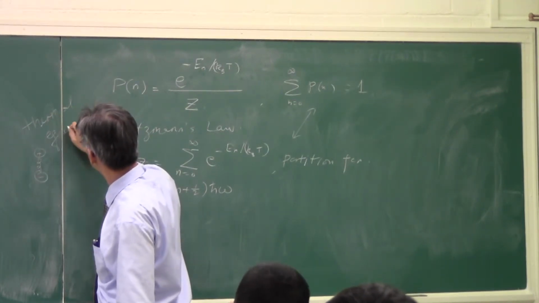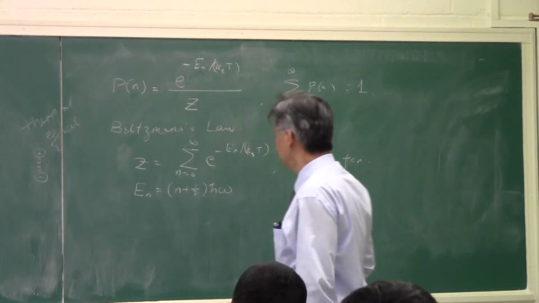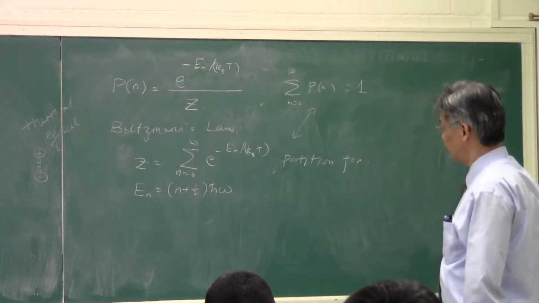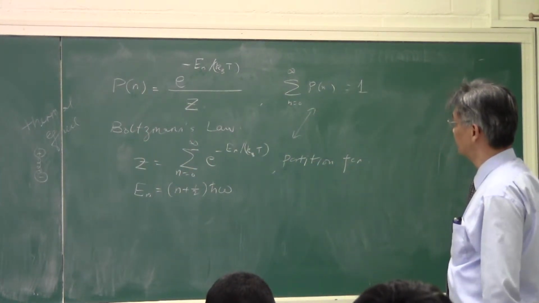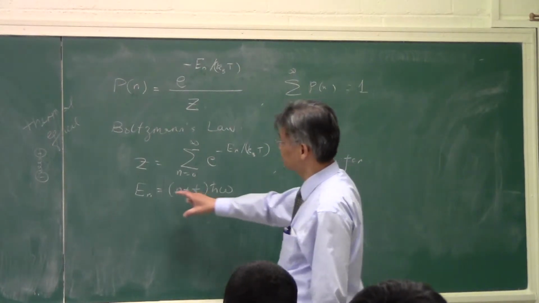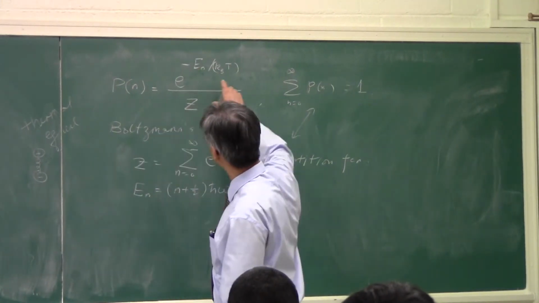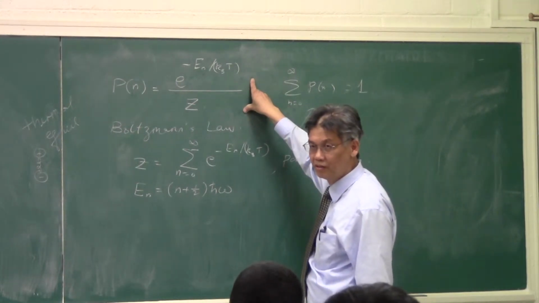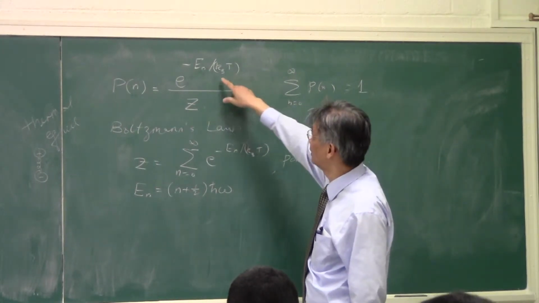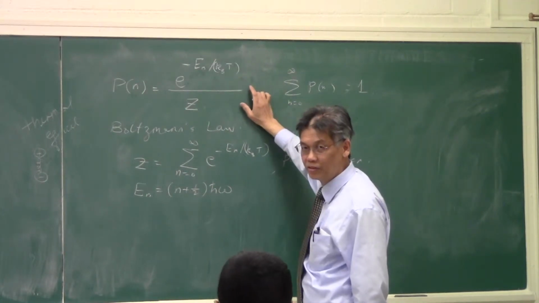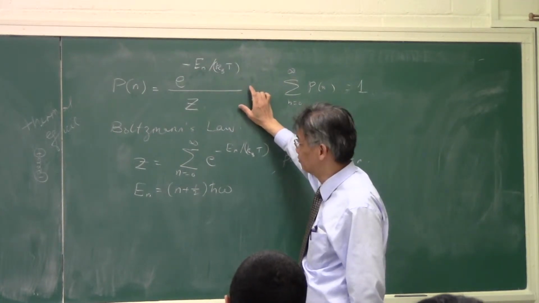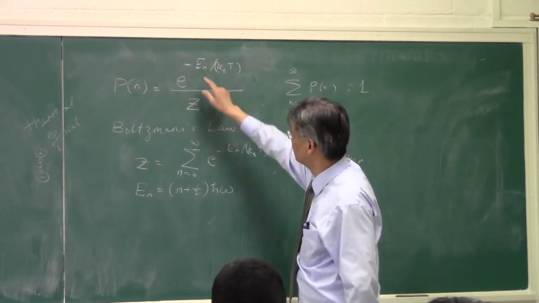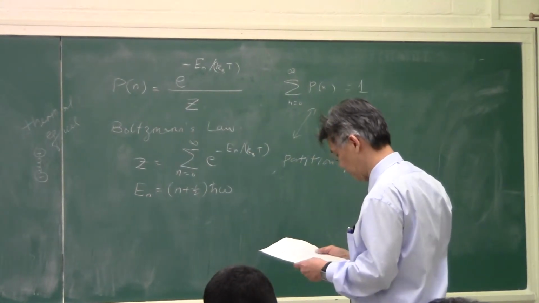So the energy of the quantum harmonic oscillator will be distributed according to the Boltzmann law. Those photon number states with high energy value will have less likelihood of being occupied, but the photon number states with low E sub n will be most likely occupied.